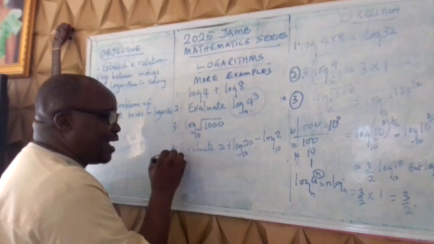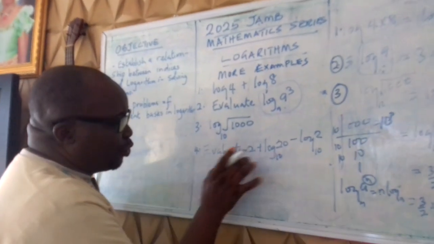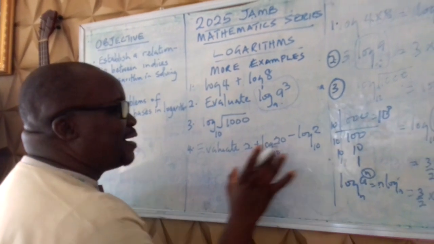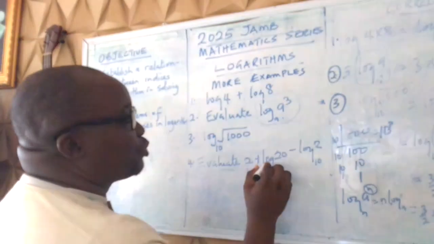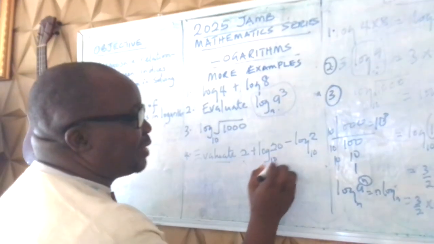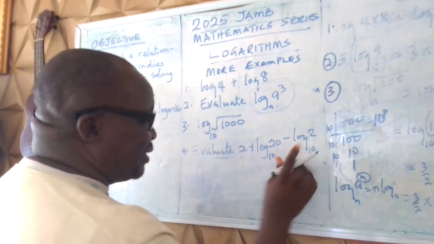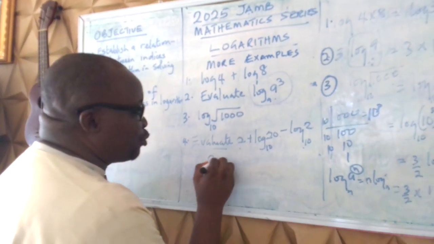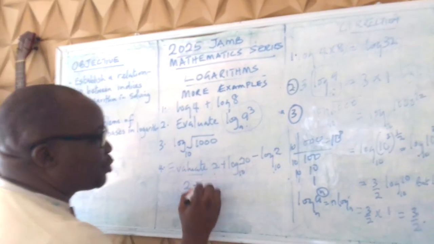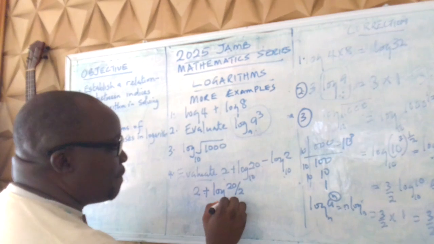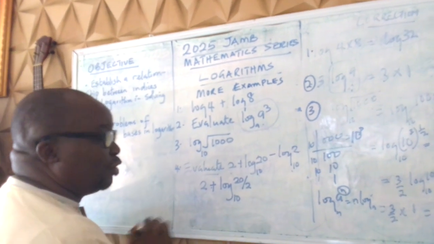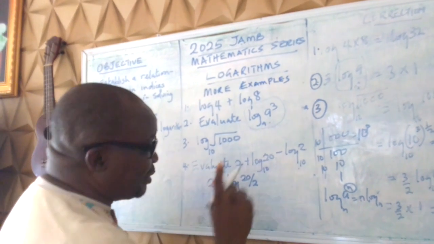Follow me to the fourth question. If you are with me, this fourth question can also be solved in that order. They say evaluate 2 plus log 20 base 10 minus log 2 base 10. They are in the same base, so I can just say 2 plus log 20 divided by 2, base 10. You remember the product law that we talked about in logarithms.